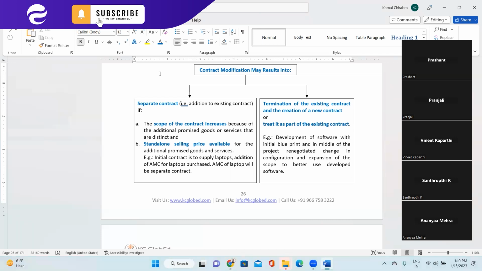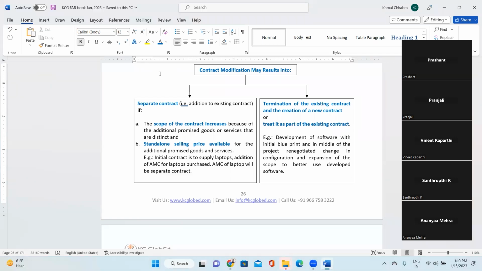For example, the initial contract you entered into was to supply laptops, and then you add an AMC for the laptop purchase. So the AMC of the laptop will be a separate contract. For example, if I am a distributor of, let's say, Apple laptops, and you have purchased 10 laptops from me for your office, that is one contract.